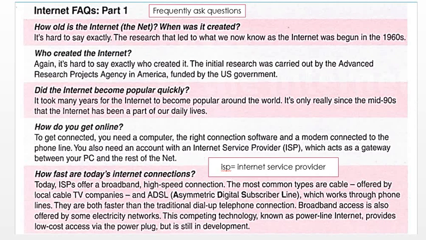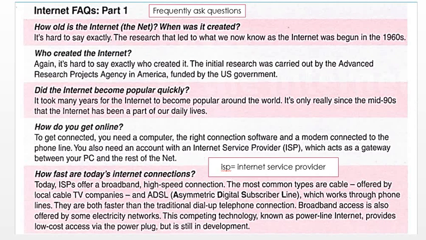To get connected, you need a computer, the right connection software, and a modem connected to the phone line. You also need an account with an internet service provider, ISP, which acts as a gateway between your PC and the rest of the net.